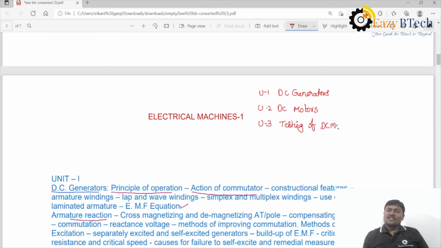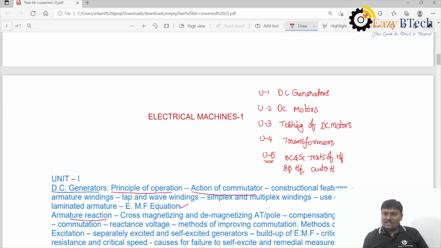And Unit 4, transformers. And Unit 5 is OC and SC tests of transformers. And then three-phase transformer connections and auto transformers are also there.